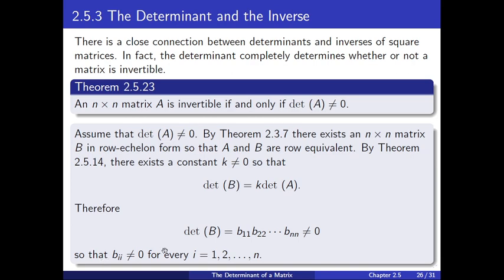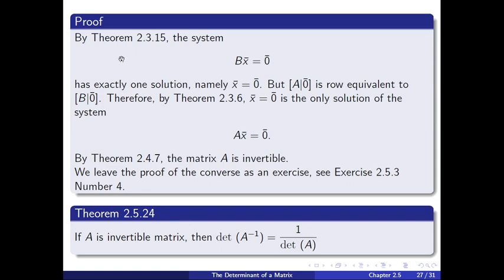So every entry in the main diagonal of B is not equal to 0. Now if we look at theorem 2.3.15, this means that the system BX = 0 has exactly one solution, and the solution is obviously the trivial solution, where x is the 0 vector.